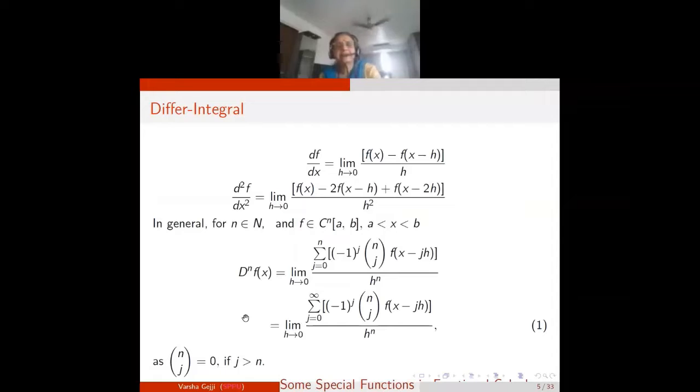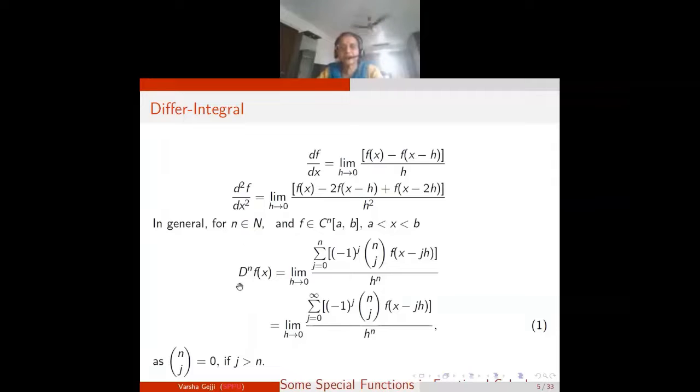So let me motivate what a differintegral is, which was further developed by Grunwald and Letnikov. The ordinary first order derivative is this limit, f(x) minus f(x minus h) divided by h. The second order derivative is the second order difference divided by h squared.